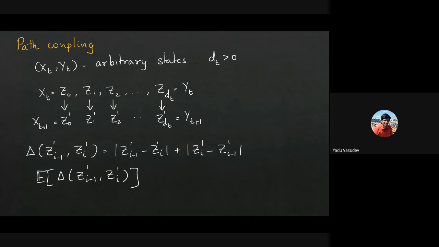So zi itself is a set. In the previous analysis, what we actually looked at was delta of zi minus 1 prime, zi, minus delta of zi minus 1, zi.